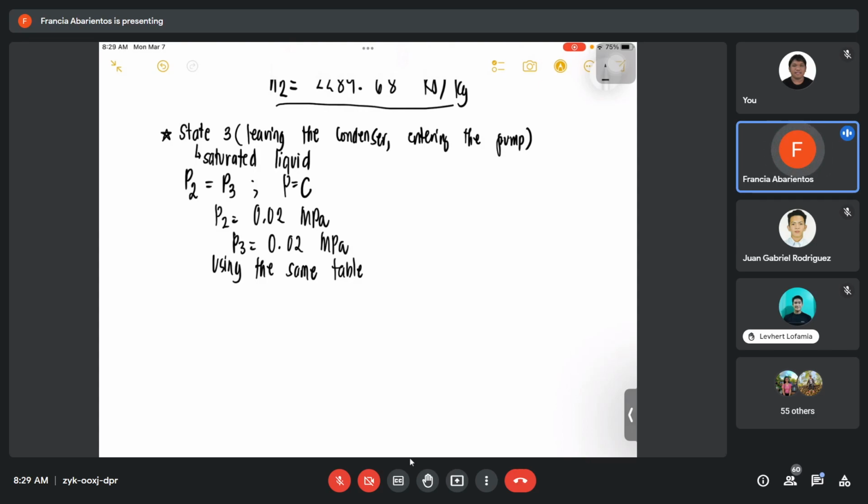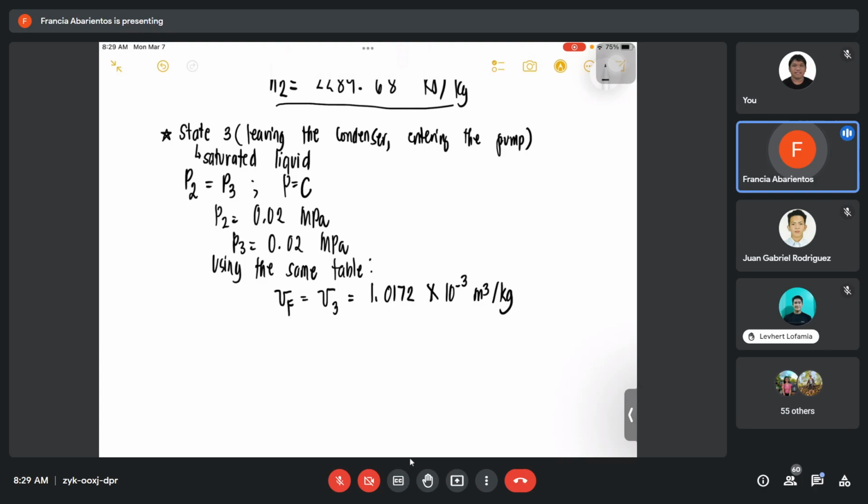What do we need at state 3? Just the specific volume at saturated liquid at a given pressure. So the specific volume at 0.3 is equal to 1.0172 times 10 to the negative 3 cubic meter per kilogram.